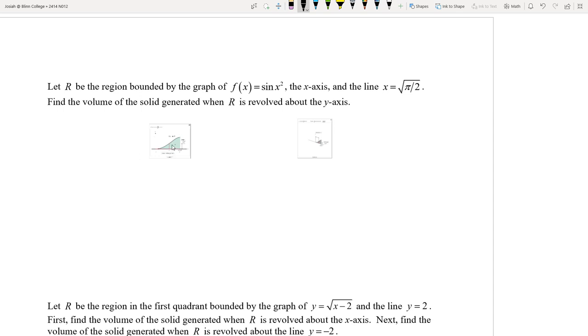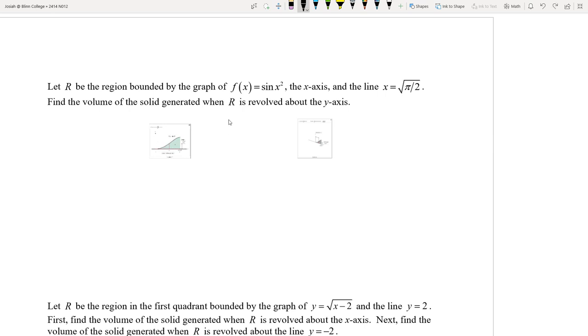This would be very difficult to do if we wanted to change things in terms of y. Look at this formula. It's going to be an inverse sine and a square root, and it's going to be a mess. And also, if we were to change things in terms of y, our region would be going the wrong way. We'd be looking at this region down here instead of the region on the other side.